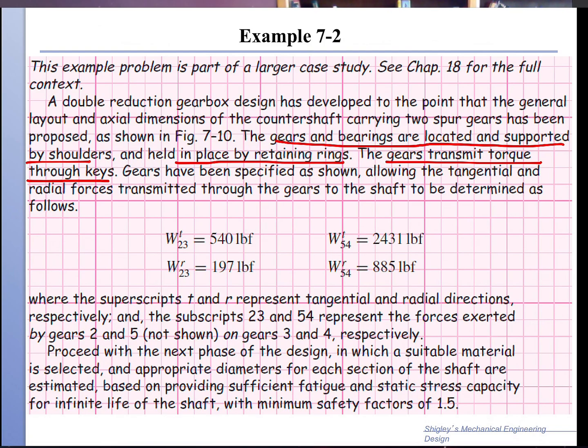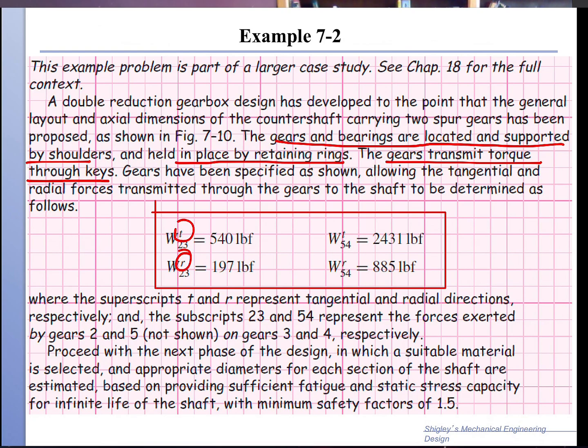From other analysis, that's another part of the design problem, but here we're given that the forces transmitting in the tangential and the radial direction are already known. So each one of these two gears will have a tangential force and a radial force.